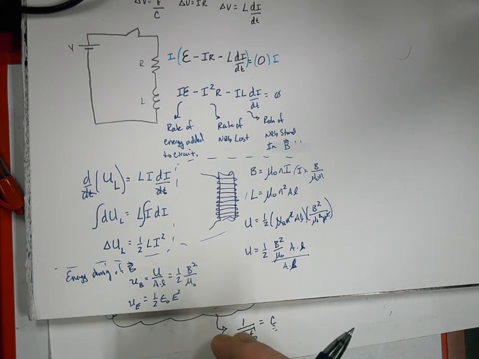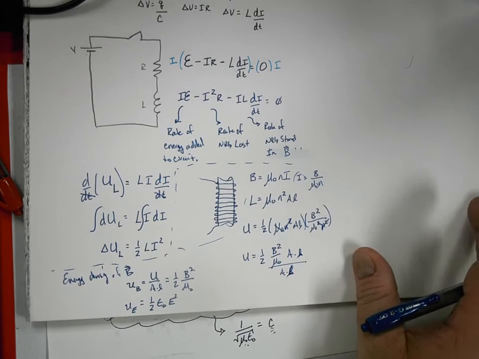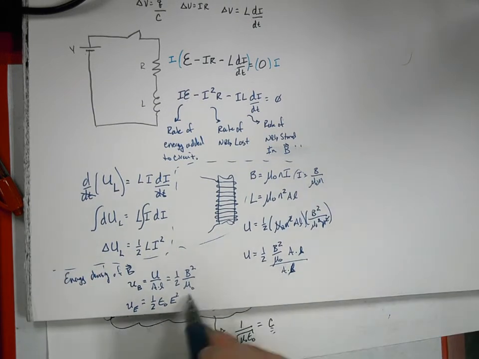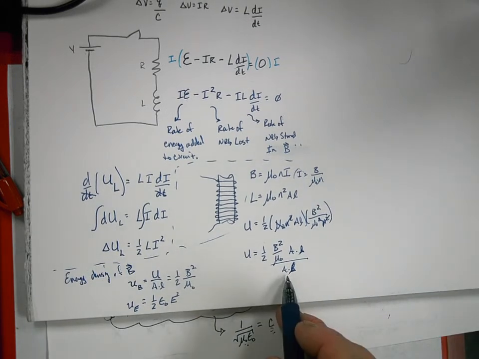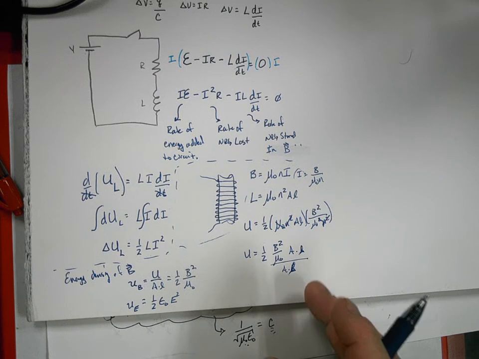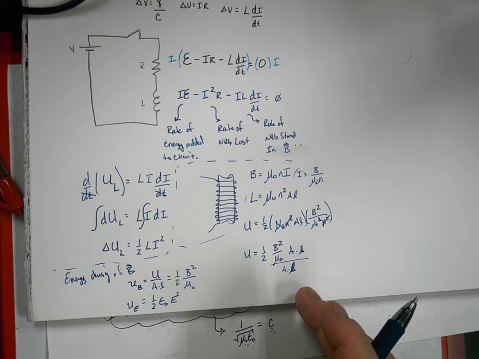All right, pretty abstract right there. But this is going to help you do some of the problems for this assignment, and it will come more into focus with the next lecture, which is our oscillations in an LC circuit, where we'll wrap it all up together.